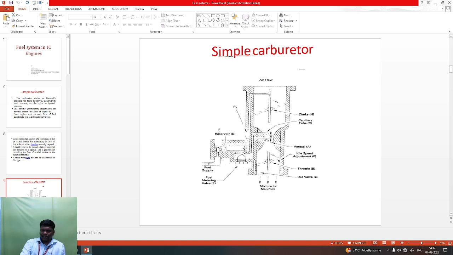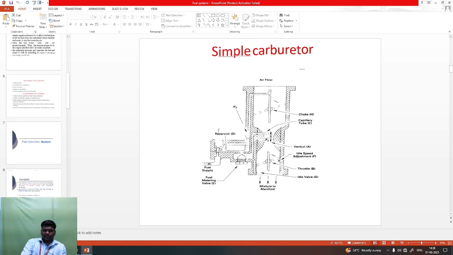Whenever the float chamber has low pressure, the float will rise. Due to the rise, the fuel will enter the throttle. While fuel enters the throttle, the airflow also passes through the venturi to the throttle. In the throttle, there will be an air fuel mixture. After the air fuel mixture forms, due to acceleration, it will pass to the intake manifold.